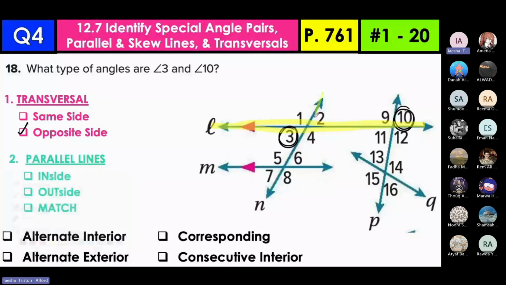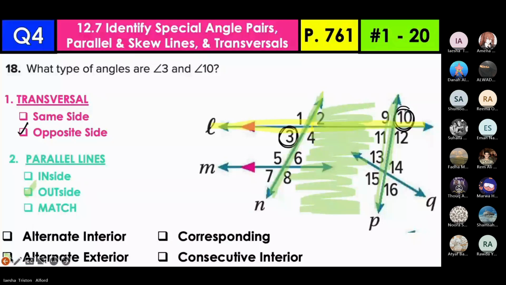Going to be line N and line P. So they're on opposite sides. They are outside of the parallel. So the name should be alternate exterior.